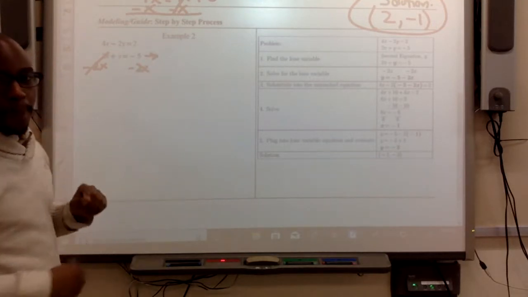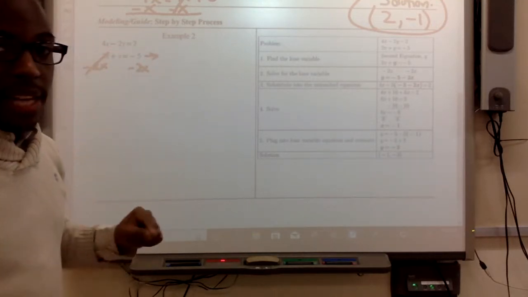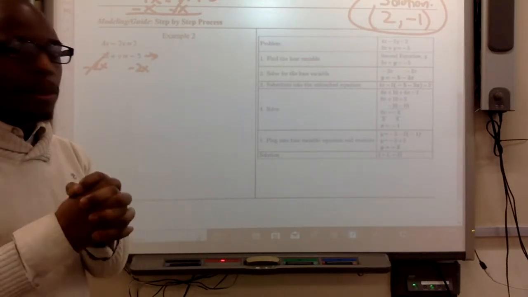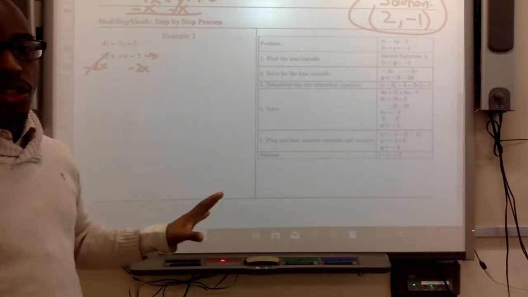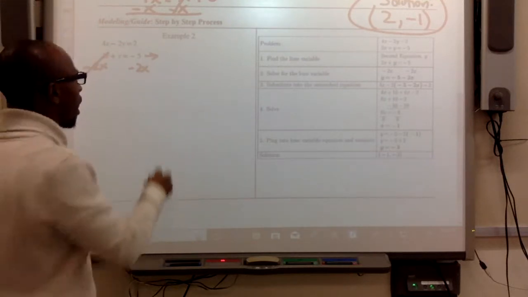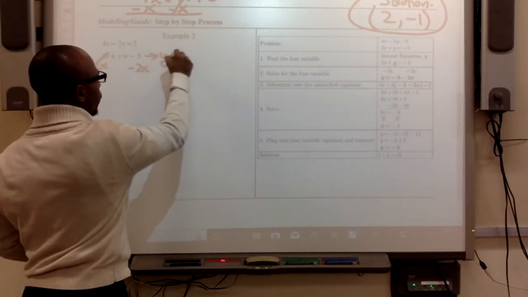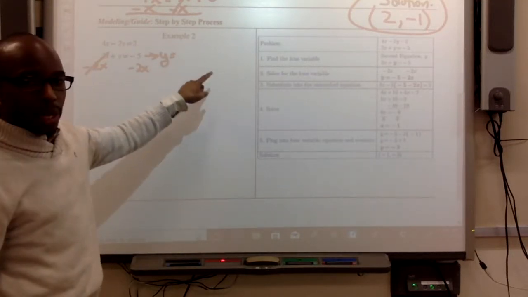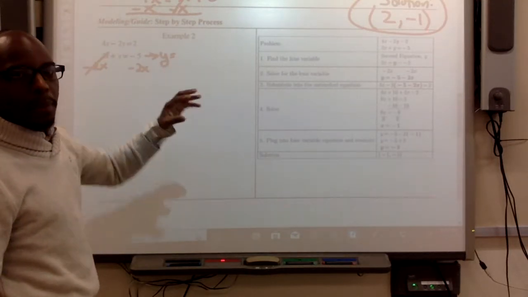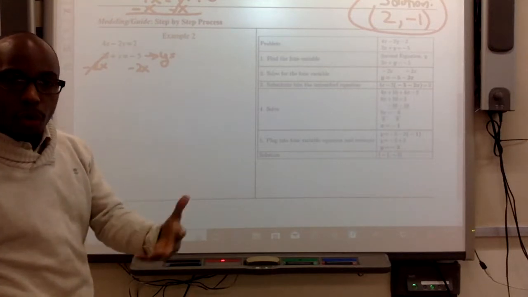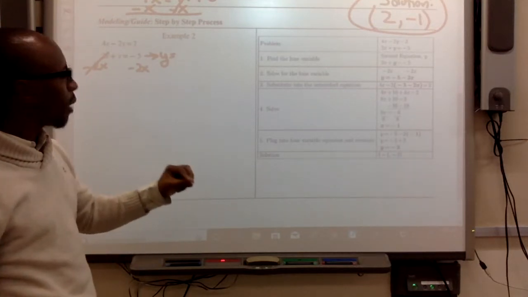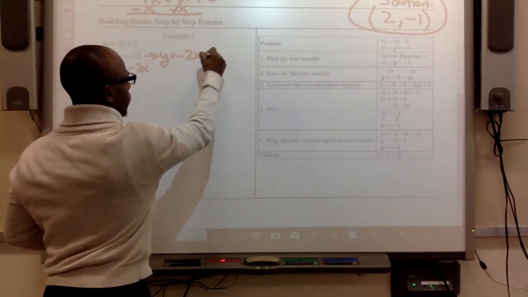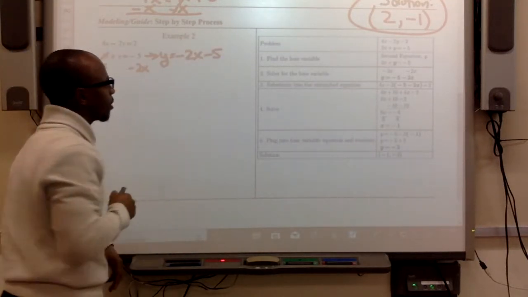Remember, once again, that negative 5 and that negative 2x, they're not like terms. They won't be becoming one together. They are different terms. So in that case, I have y is equal to, and you can write negative 5 minus 2x, but because I like slope-intercept form, I'm going to write negative 2x minus 5, okay?